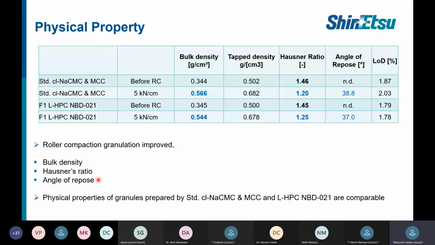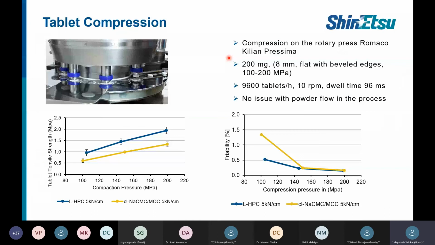A similar mixture we took for compression on the rotary press, where tablet size was 200 mg with 8 mm punch diameter, flat with beveled edges. You can see in the presentation graphs, the first one is the tablet tensile strength versus compression pressure.